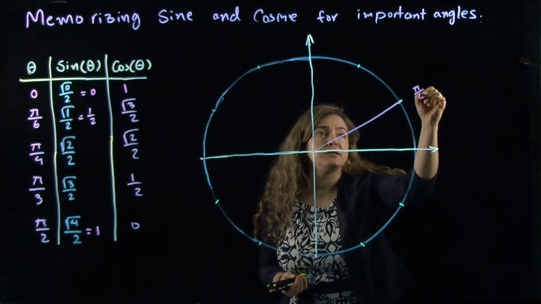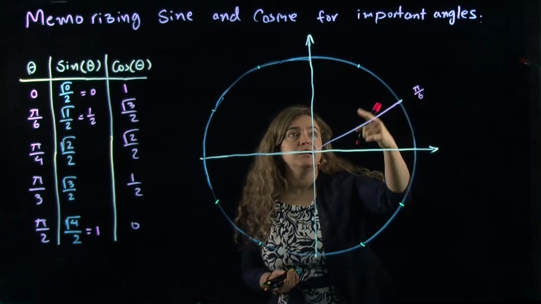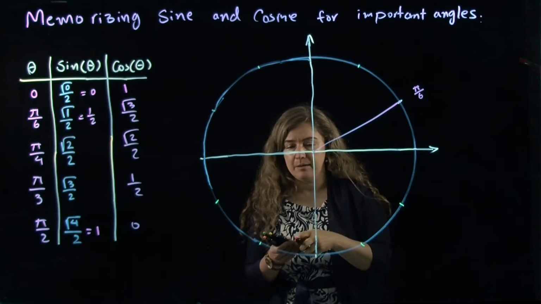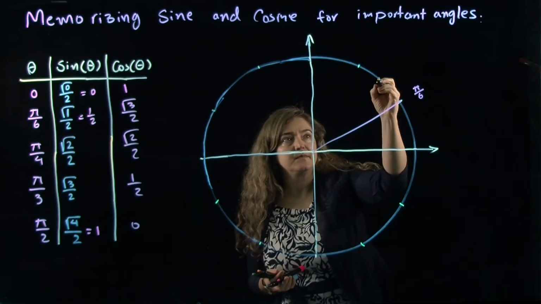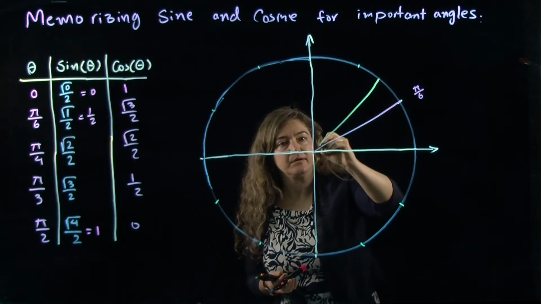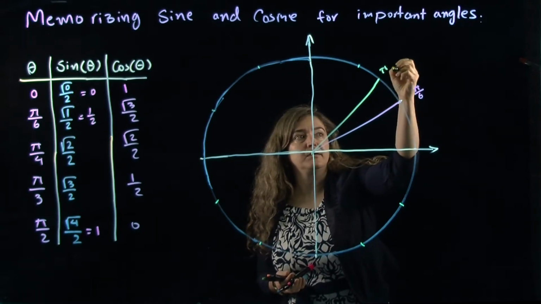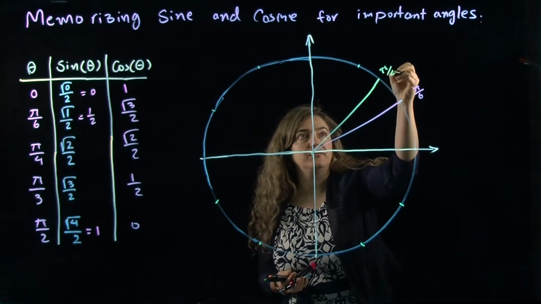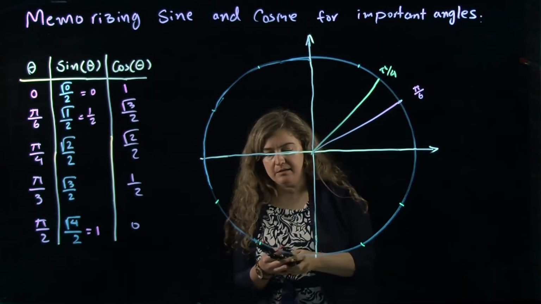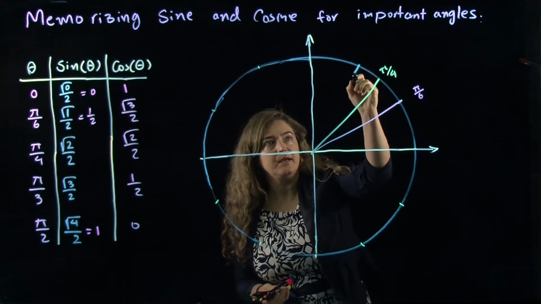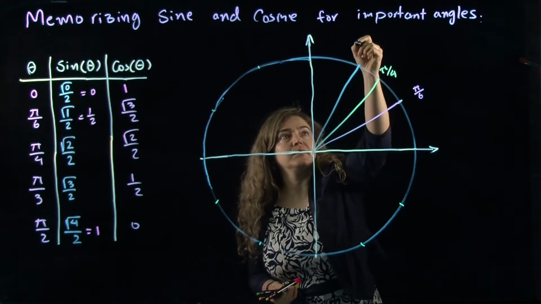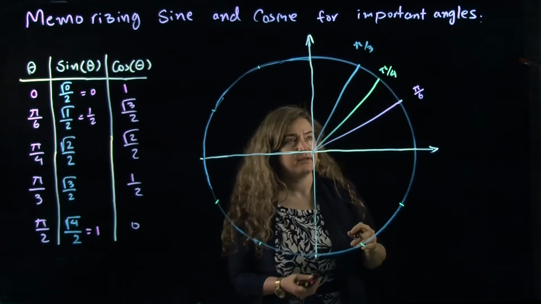So this one is pi 6, I'm sorry, and then in the middle we have pi 4th, then we have pi 3rd.